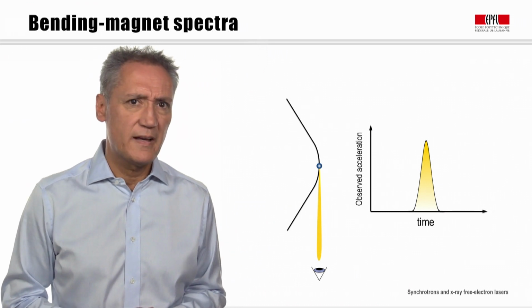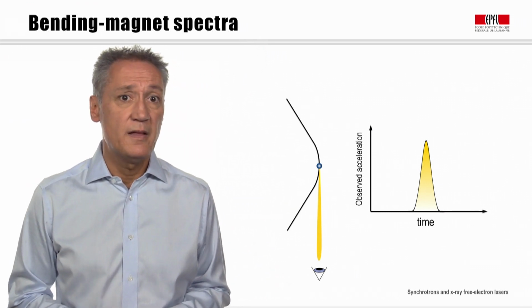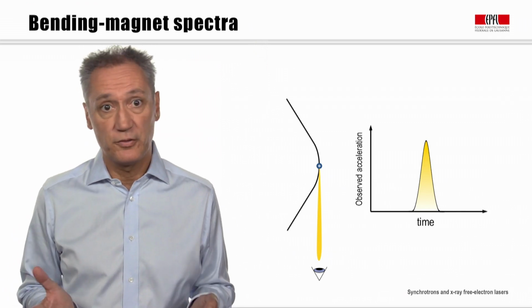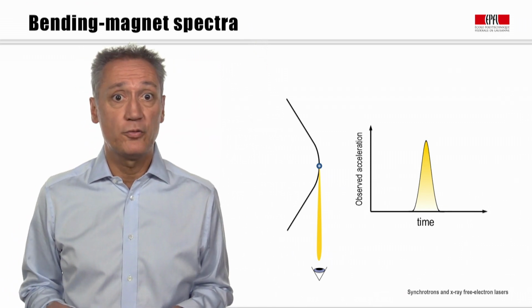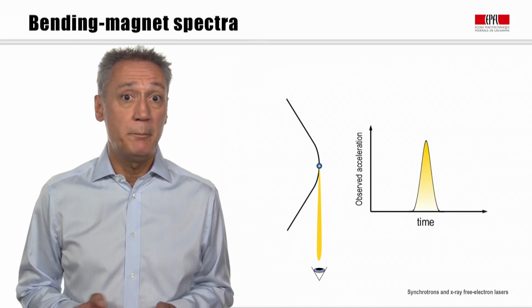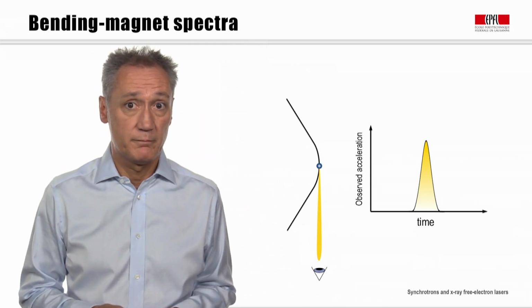In contrast to the case of sinusoidal acceleration, this pulse of acceleration can't be described by a single frequency, but instead is composed of a continuous spectrum of frequencies, and the electron will emit this in response.